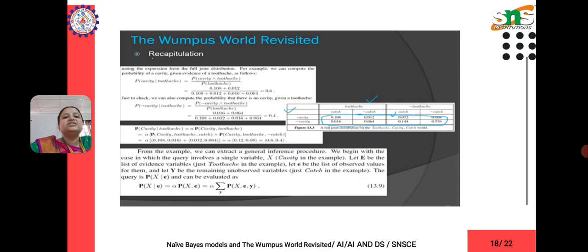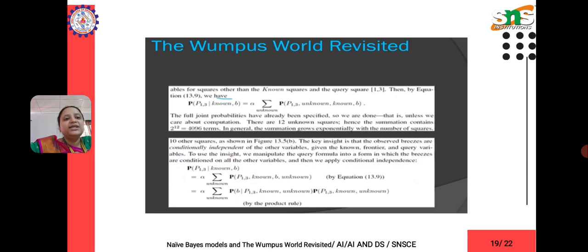These are certain mathematical formulas that we saw in the previous class. The same thing applies to this joint distribution, where you do the summation of each value. Next you deal with the summation over the unknown variables and how to implement the known variables. The probability of P(1,3 | known, b) is given with the summation over unknown variables.